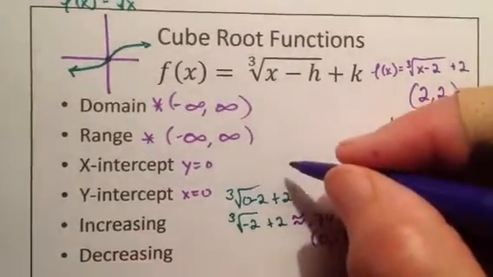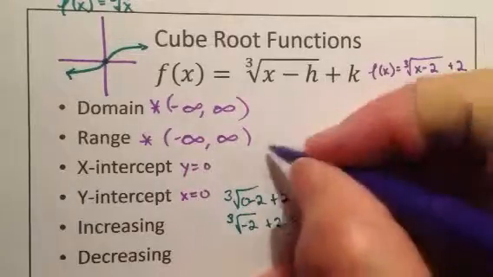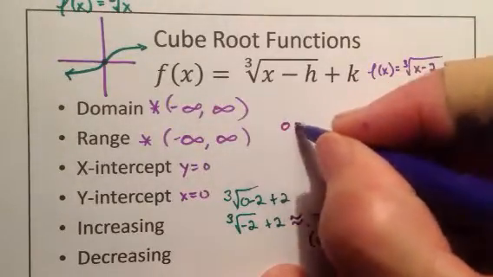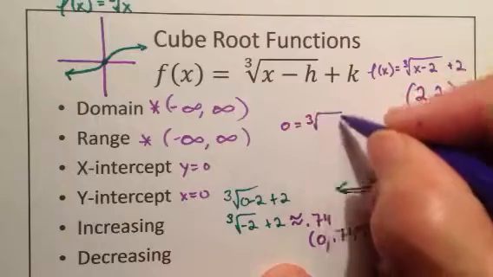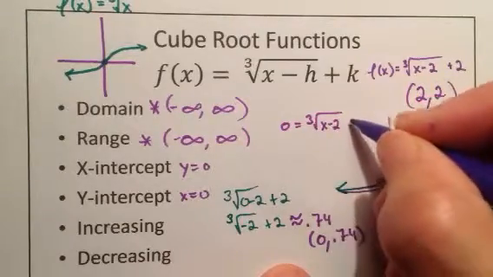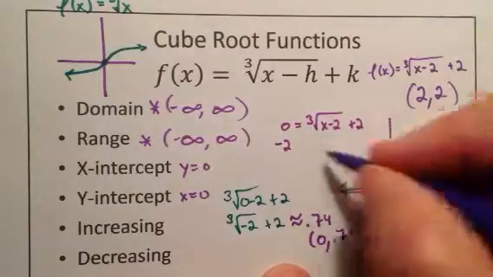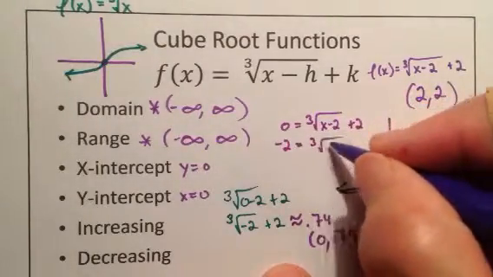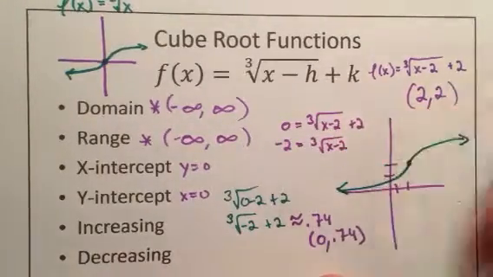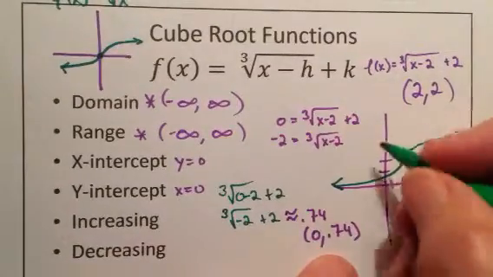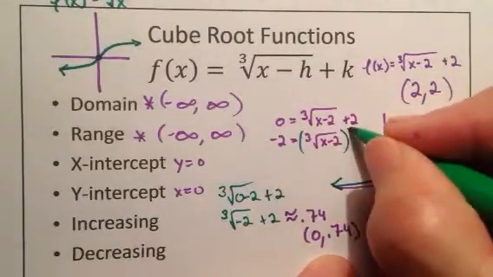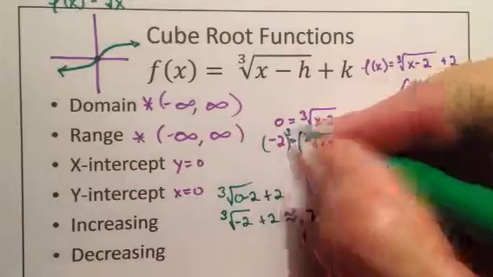Surprise, surprise. And now, if I plug 0 in this function up here, 0 equals the cube root of x minus 2 plus 2. I can subtract 2 over. So negative 2 equals the cube root of x minus 2. Now that the cube root is by itself, I can cube both sides.